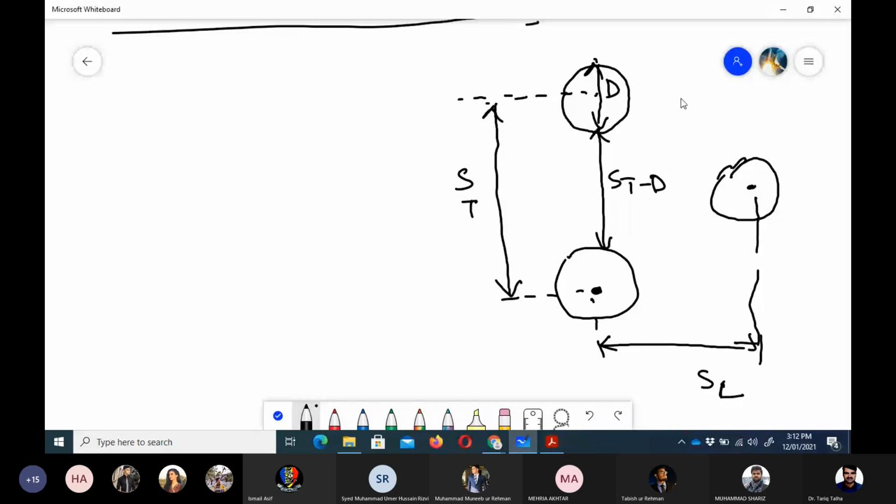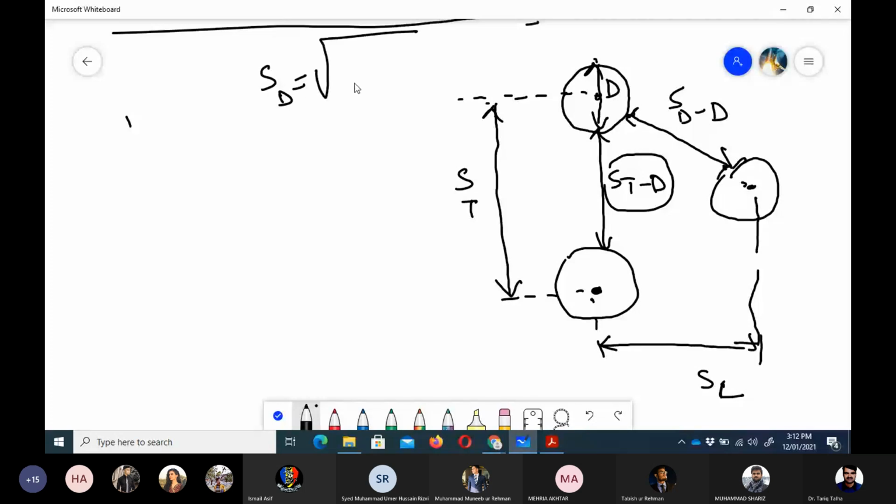Okay, now for the staggered arrangement, there are two possibilities for the Vmax. One is the same place as before, and the second place is this. If we join this with this, this distance would be SD minus D. What is SD here?